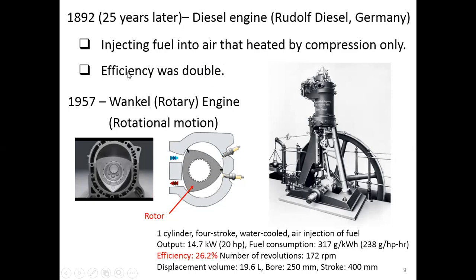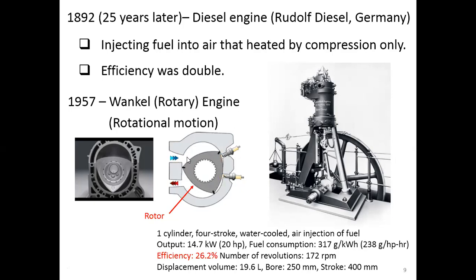And then in 1957, another engineer called Wankel invented a rotary engine. That means this engineer no longer saw the picture of the cylinder and the piston, because with cylinder and piston, you have to change the linear motion into rotational motion by using a rack and pinion.